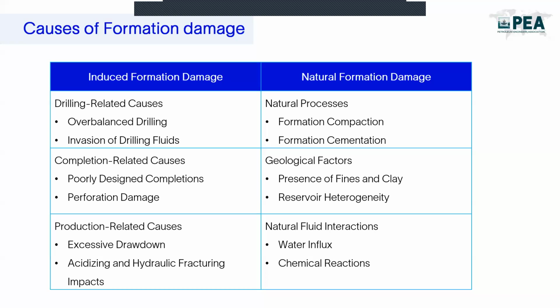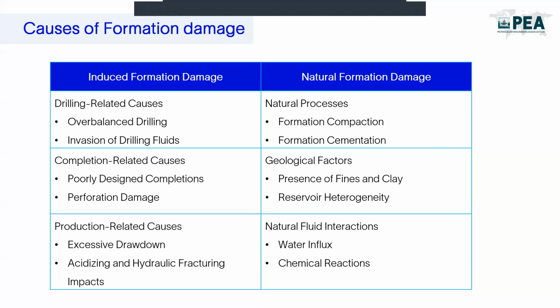And finally, there are natural fluid interactions, for example, water influx from an aquifer. The entry of water into the reservoir from surrounding formations can alter the reservoir pressure and lead to formation damage.